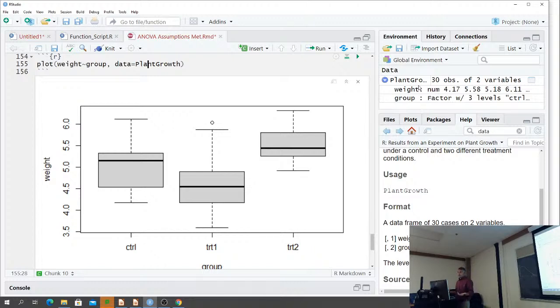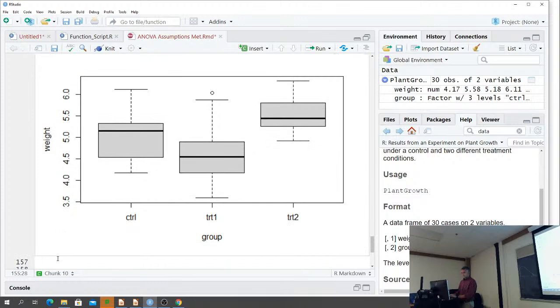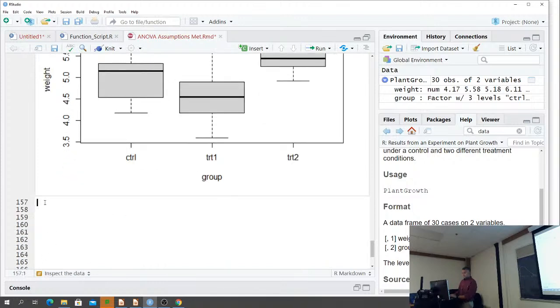But this is a median, right? So I look at this, I have control, I've got treatment 1, I've got treatment 2. So just offhand, if we were to run a test to see if means are equal, what would you expect? What do you think? It would be... okay, why not?